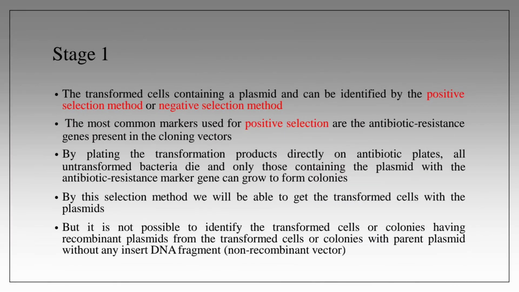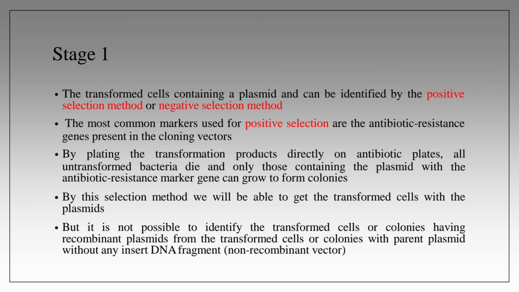Stage 1. The transformed cells containing a plasmid can be identified by a positive selection method or negative selection method. The most common markers used for positive selection are the antibiotic resistance genes present in the cloning vectors. By plating the transformation products directly on antibiotic plates, all untransformed bacteria die and only those containing the plasmid with the antibiotic resistance marker genes can grow to form colonies.